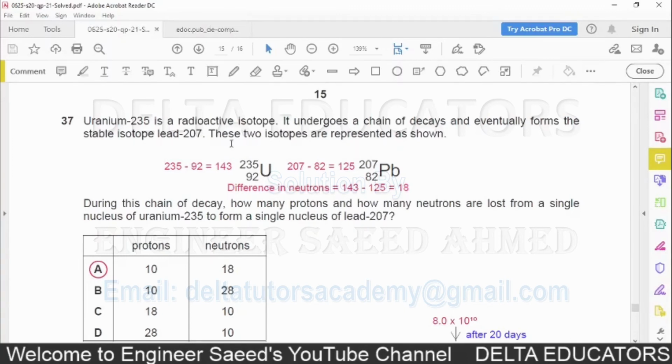Now what is the difference of the number of neutrons in uranium and lead? We have to subtract 125 from 143. When we subtract 125 from 143, we will get 18. So the difference of neutrons is 18 and the difference of protons is 10. So here our correct option is A. For protons, the difference is 10. For neutrons, the difference is 18.